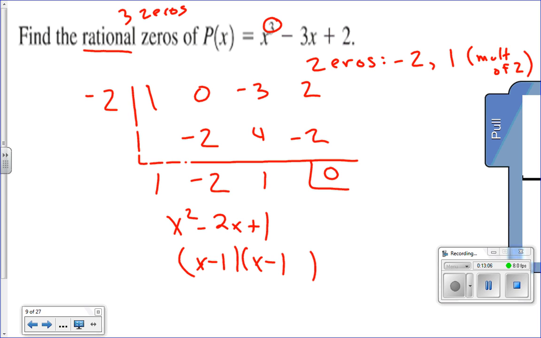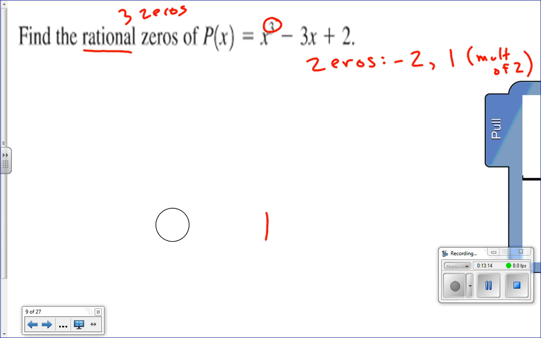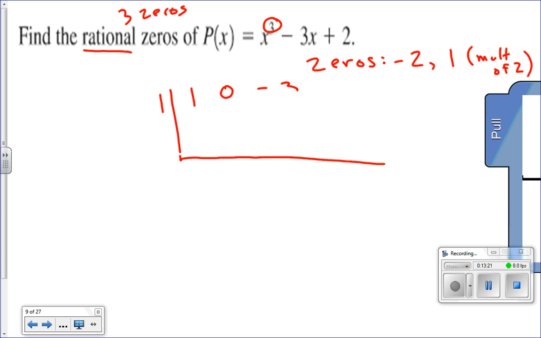And notice it doesn't matter which 0 I started with. Let's start with one of the 1s and see what happens. So let's see, I'm going to put a 1 inside the box. And I'm going to put the 1, 0, negative 3, and 2. Bring down the 1. 1 times 1 is 1, add to get 1. Add to get 2, negative 2. And look at this, the 0 is the remainder.